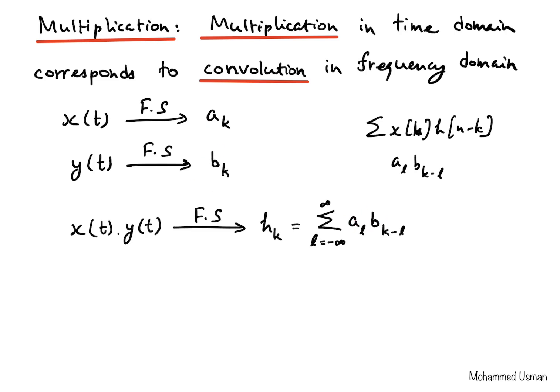So what we see here is that when we multiply two signals in the time domain, in the frequency domain, their corresponding Fourier series coefficients get convolved.